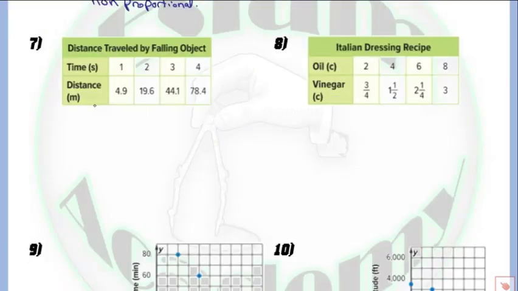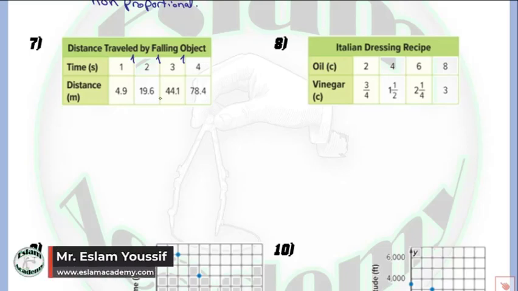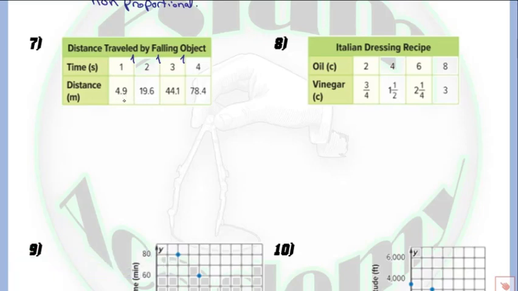Now in question number 7, we have a relation between the time and the distance. If you look at x, which represents the time, you will find that 1, 2, 3, 4. In each time, we add 1. Now look at y. 4.9, 19.6, 44.1, 78.4. 19.6 minus 4.9, the answer will be equal to 14.7.